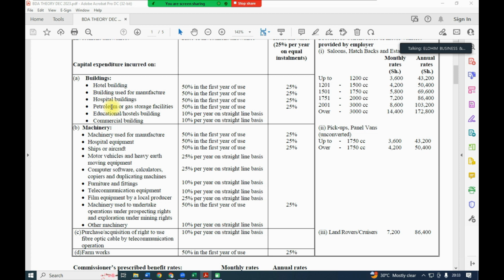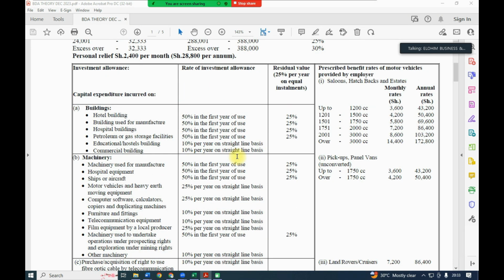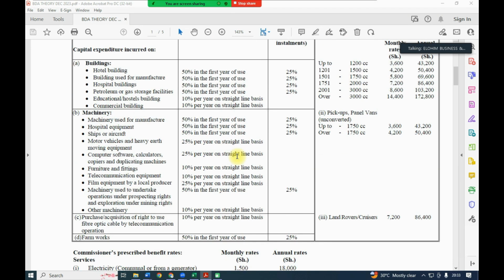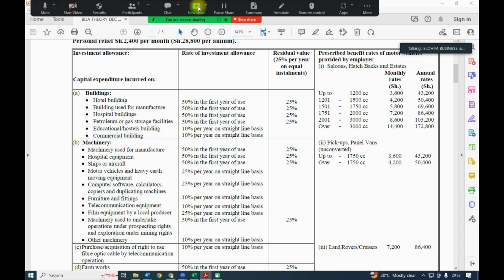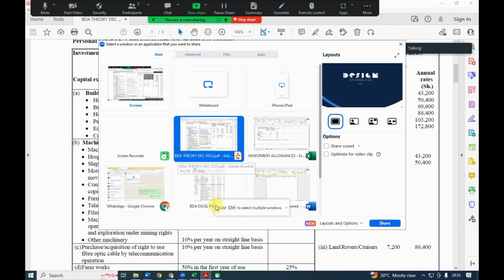Machinery that are heavy or used for manufacturing, again they go with 50% together with the ships and aircraft. But the other machinery for operating, the mining still is at 50%. So those are some of the items and their specific rates. We shall look at an example to illustrate that.